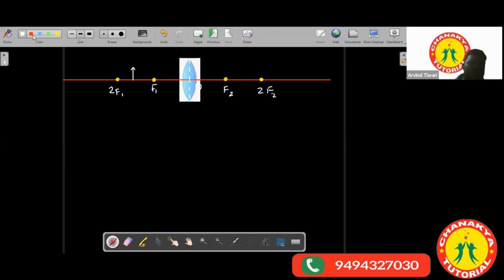So let us have a ray of light passing parallel to the principal axis, and another ray of light passing through the optic center. The ray of light that passes through the optic center passes undeviated, and the ray of light which passes parallel passes through the focus. So you can observe that the two rays of light now meet beyond 2F.